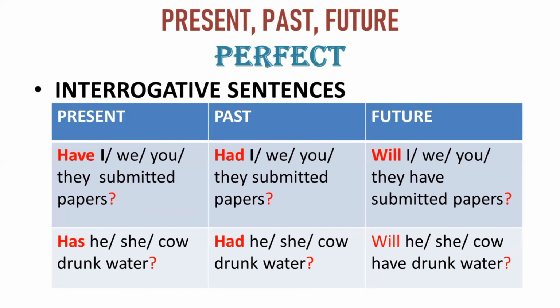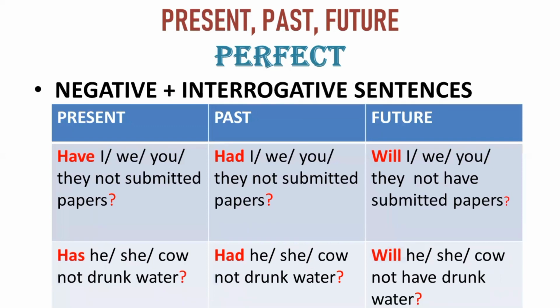Has she drunk water? In past, had they submitted papers? Had cow drunk water? In future, will I have submitted papers? Will cow have drunk water? So this is how interrogative sentences are formed.